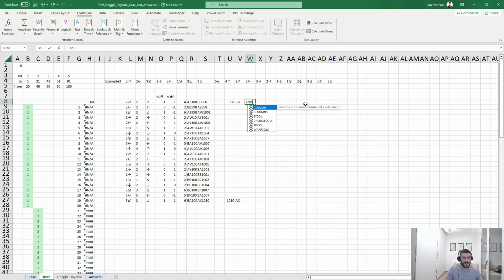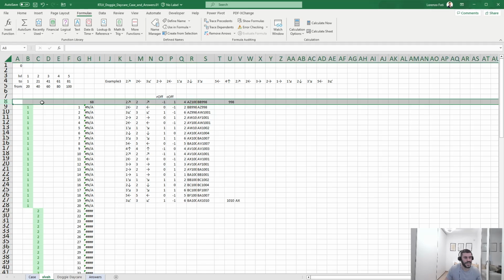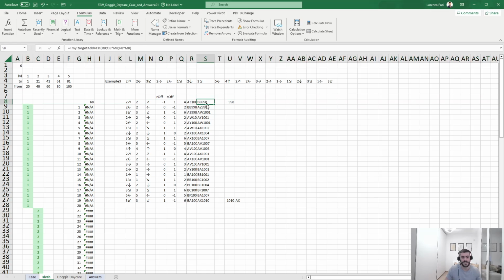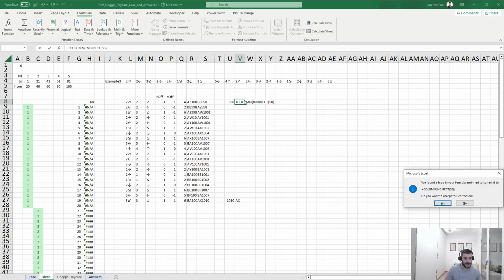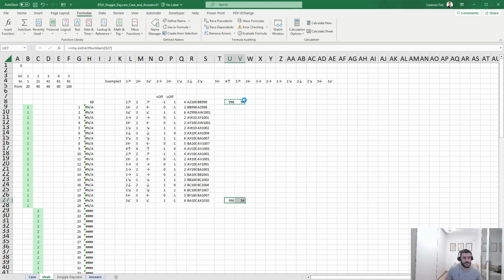Then you can say that you are interested in the column. Well, actually, this is not needed, because there is a better way to do this. I say that I want the row of INDIRECT of this, and I will get the same thing. You cannot say ROW of this directly, otherwise it will give you 8. You need to use INDIRECT to make it work as a reference. And then the same thing for the column. Yes, that's what I think I did during the competition, which is way cleverer.